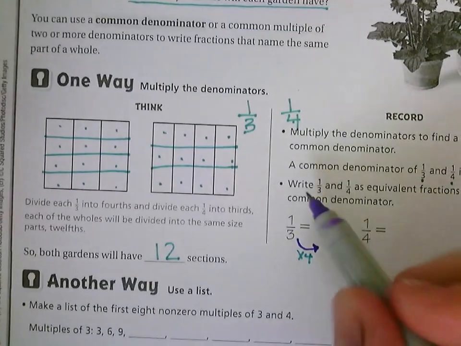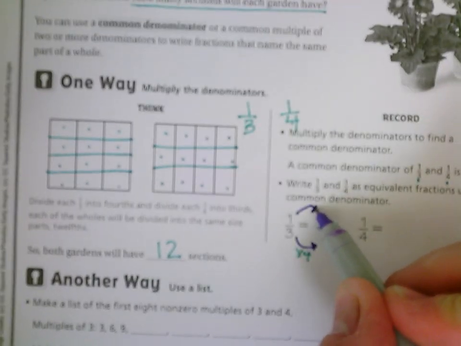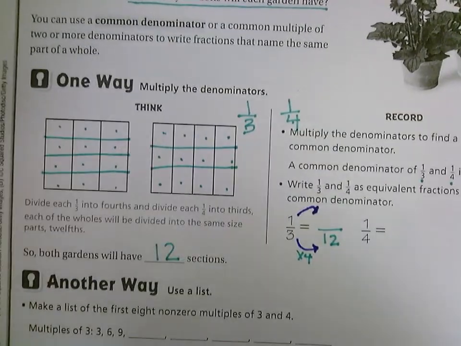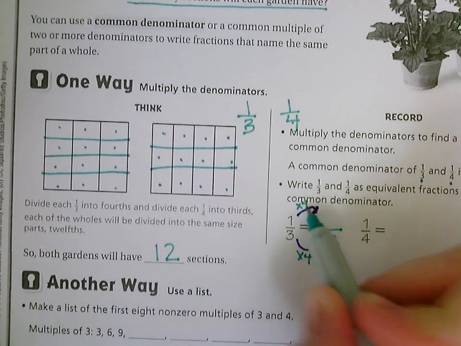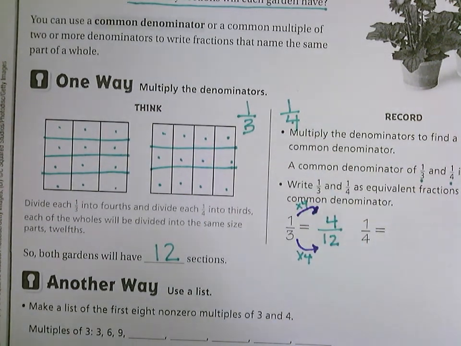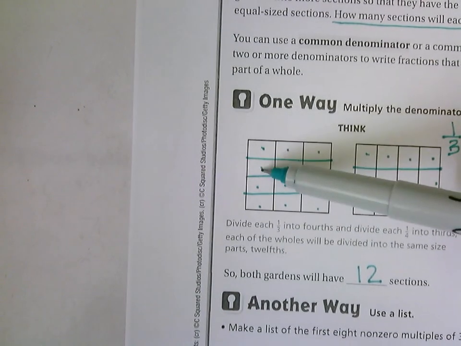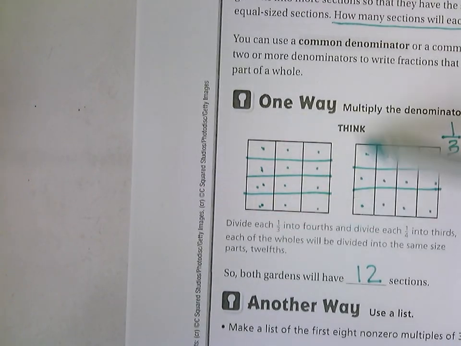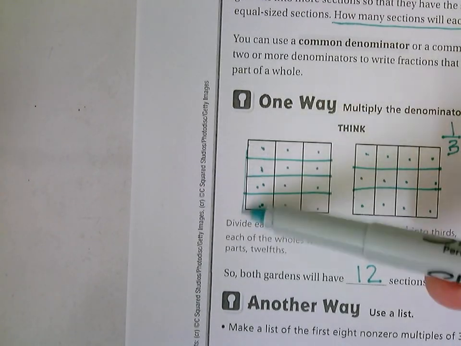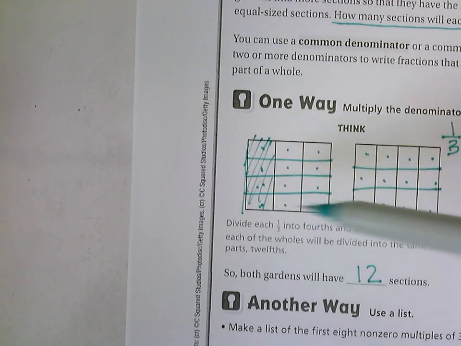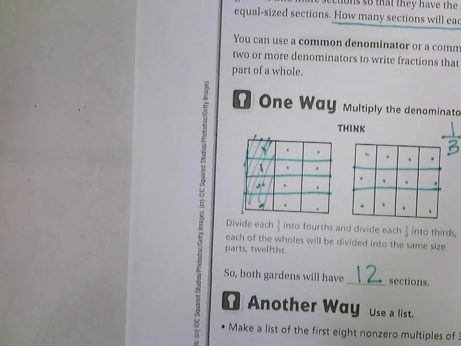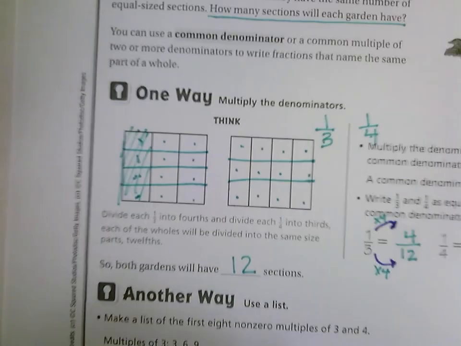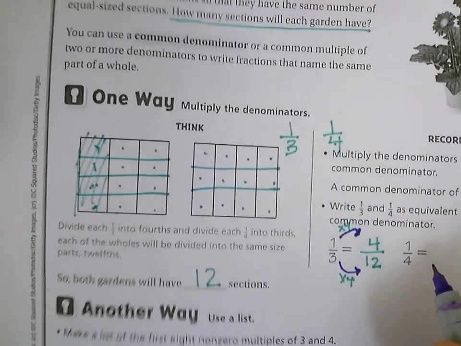I have to multiply my numerator by the same number, 1 times 4, which gives me 4/12. And look, even over here, when I broke it, 4 of my 12ths is the same as 1 of the thirds. If this is 1/3, 1, 2, 3, 4, 12ths is the same.